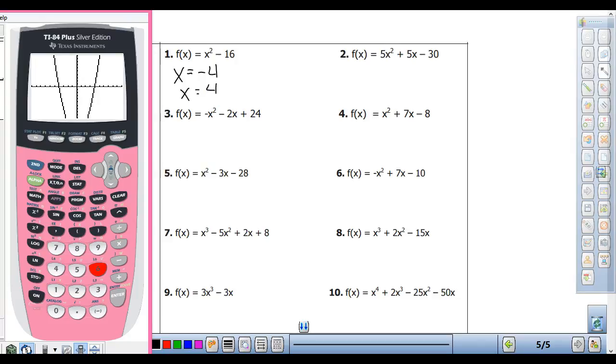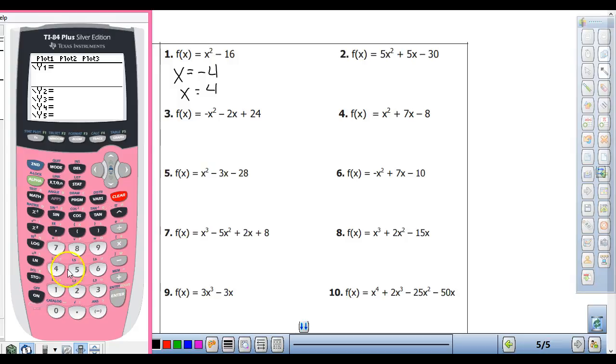Okay, so now let's go to number 2. Go back to y equals and clear out what you have, so there's nothing there, right?